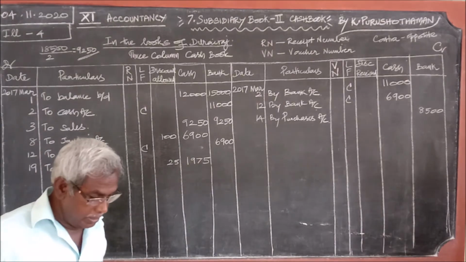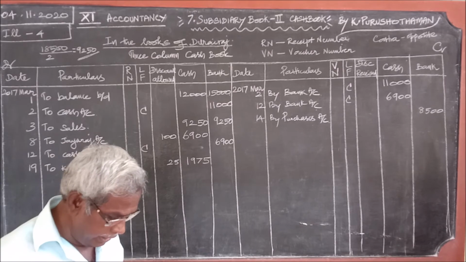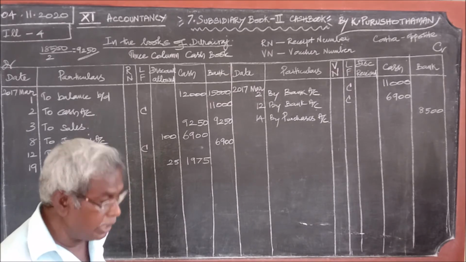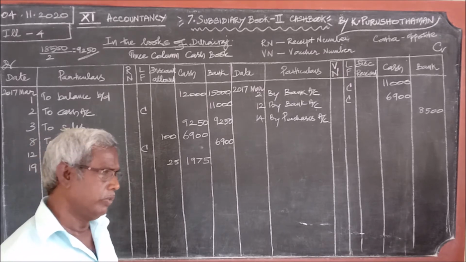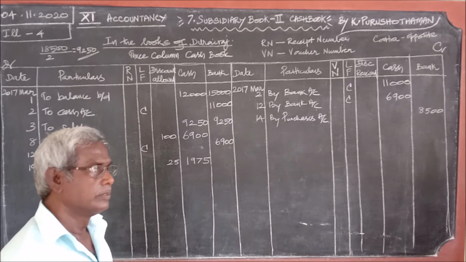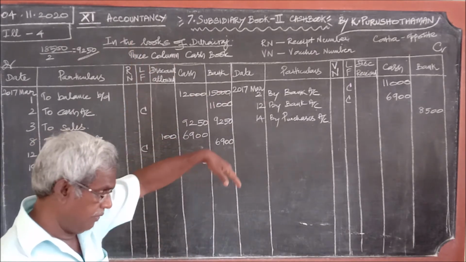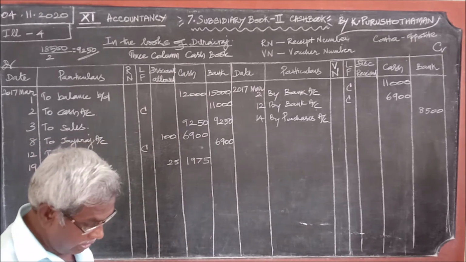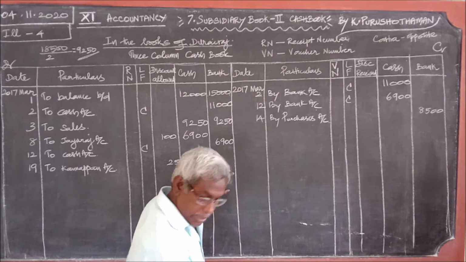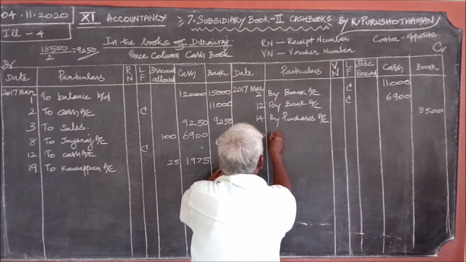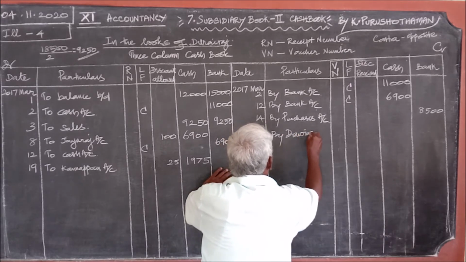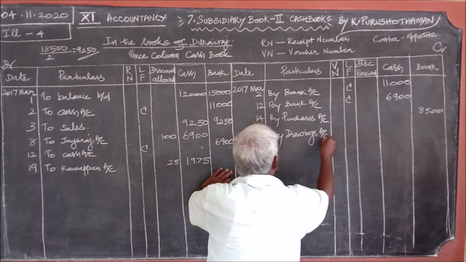Then drew cash 3,000 and by check 5,000 for personal use. I told you very many times, if any amount is drawn for personal use, it is going out of the business. On 20th, drew cash 3,000, by drawings account, because the amount is drawn for personal use.